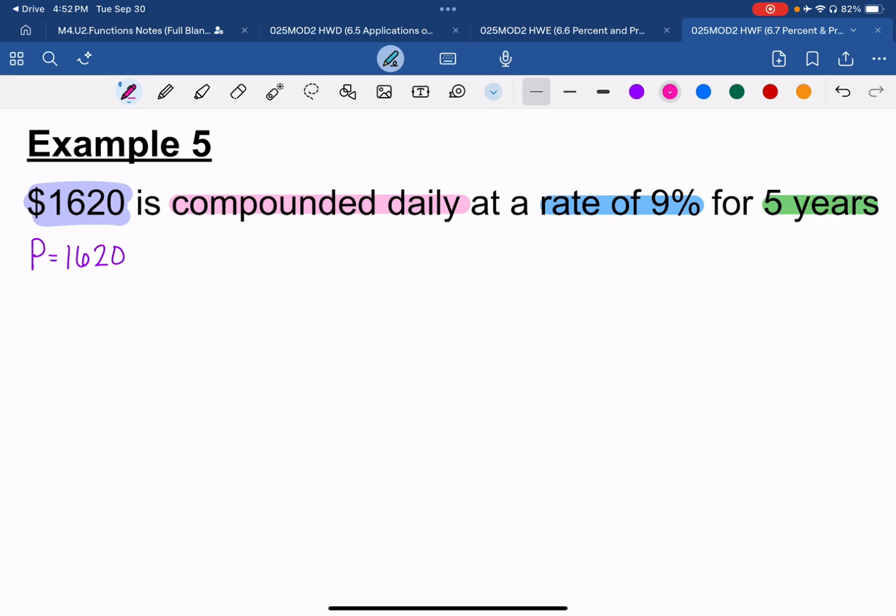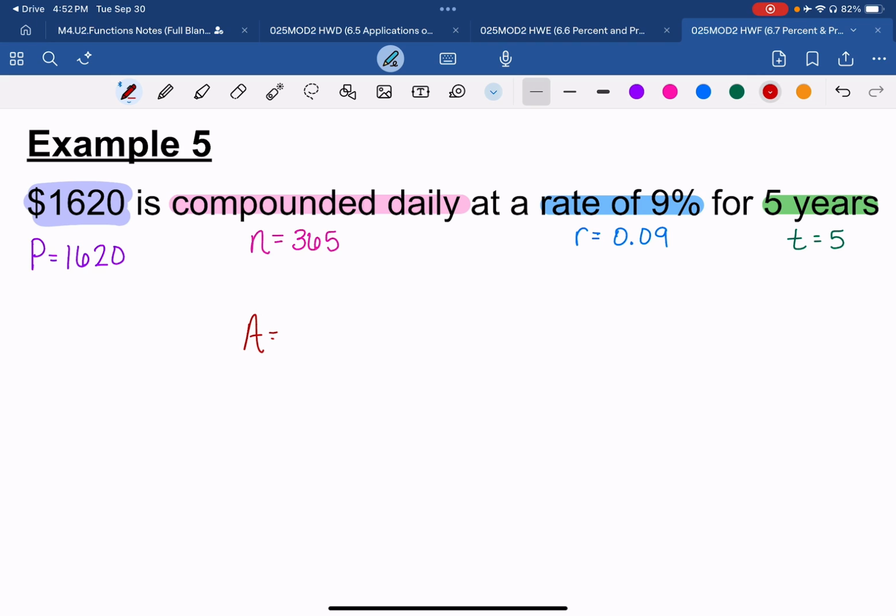When you see the word compounded, that means n. Something happens daily, that's 365 times a year. Rate, that's my R. And then time is 5. And now I have everything I need to plug in.